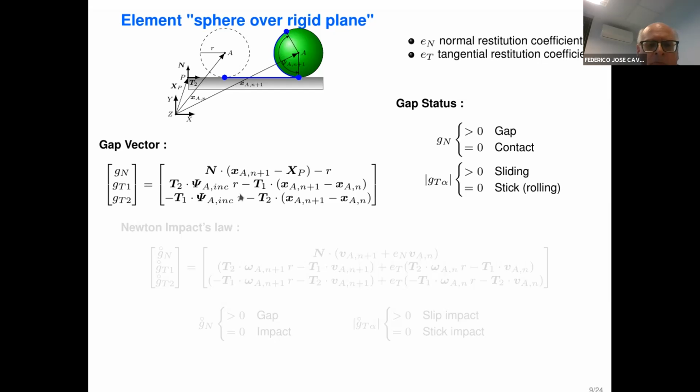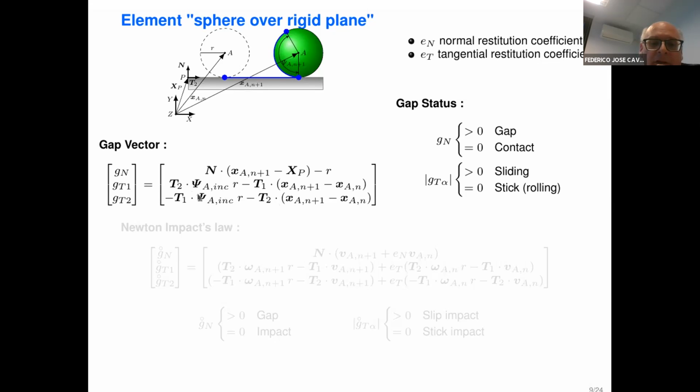Gt1 or Gt2 is the tangential displacement, or tangential incremental displacement. So for example, here we have T2 multiplied by x_{n+1} minus x_n. This difference represents this arc length, this distance, sorry. I show it here in blue color.